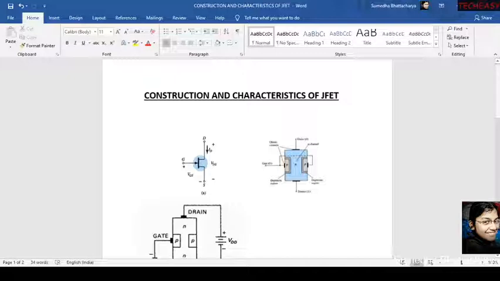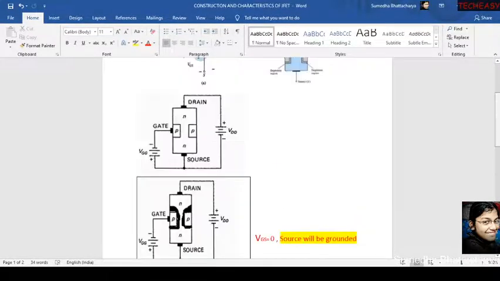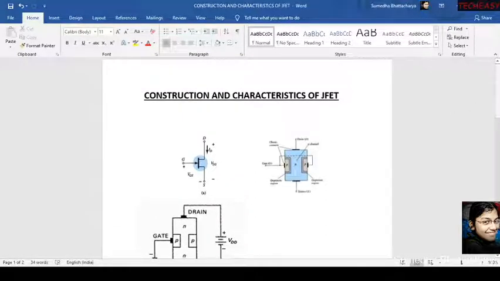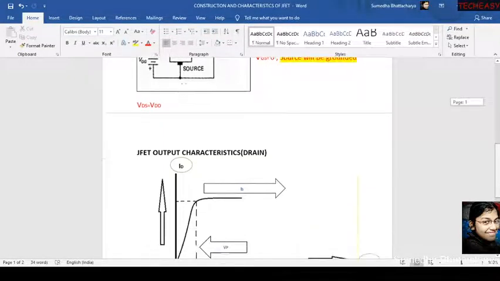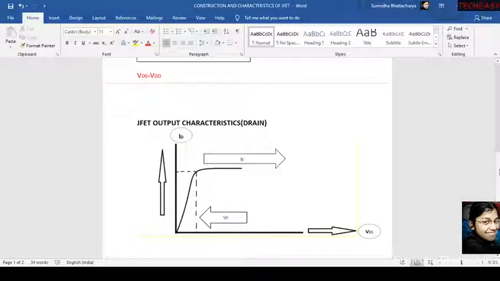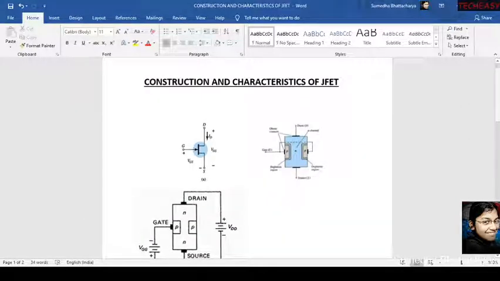If not fully, I think some of you can understand this JFET, because after I understood it, I thought that I should also teach some of my students and friends. So I hope all of you like it, and please go through this video once more if you have any misconception or doubt. You can write in the comment section, no problem.